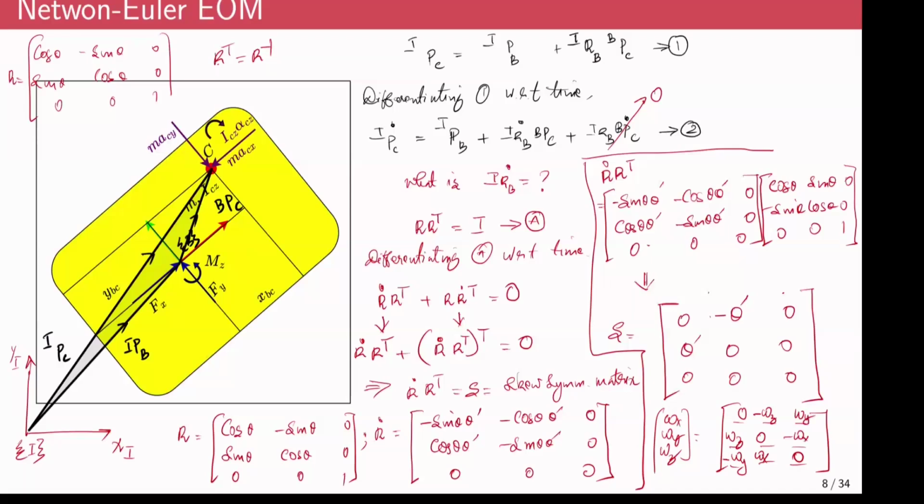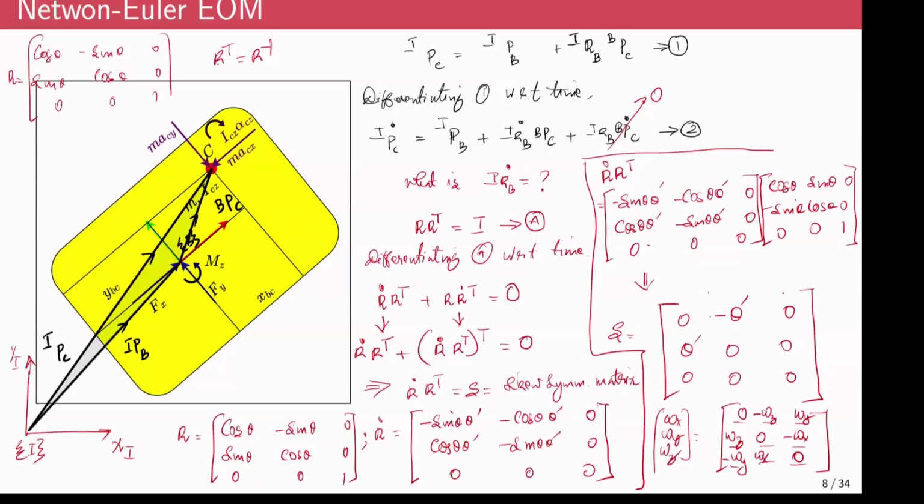This is how the skew symmetric matrix would look for a general case of 3-dimensional rotation. But since our rotation is about only a single plane, or a single axis, the omega x and omega y components are non-existent, and the only component that exists is omega z, because the rotation is only about the z axis.